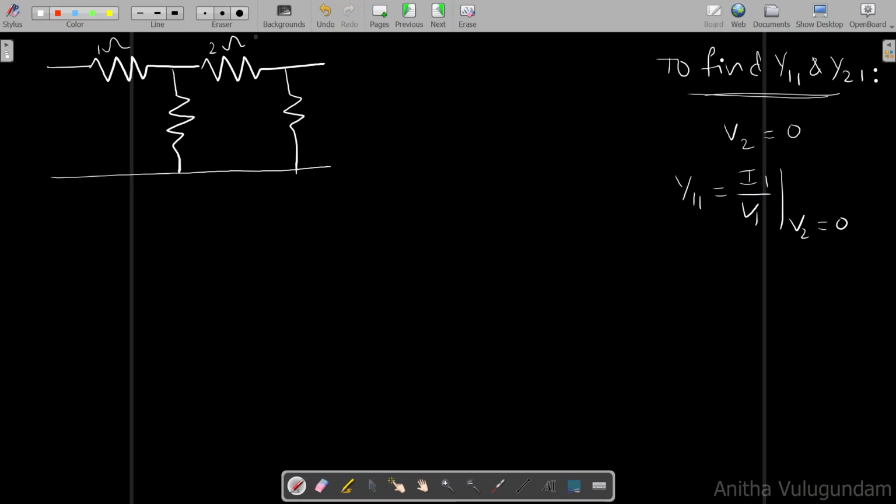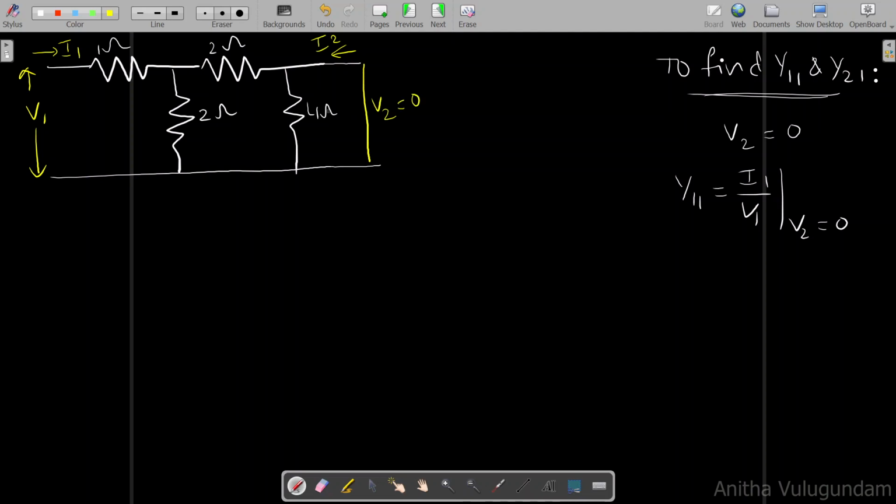One ohm, 2 ohm, 2 ohm, 4 ohm, and port 1 1 dash, and here we have I2. The condition to be followed here is V2 equal to 0.